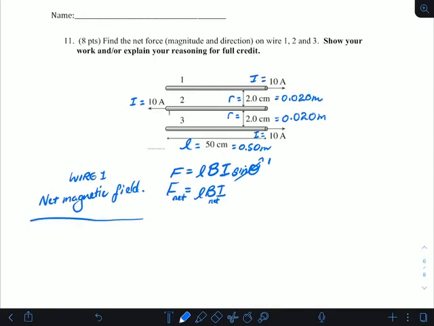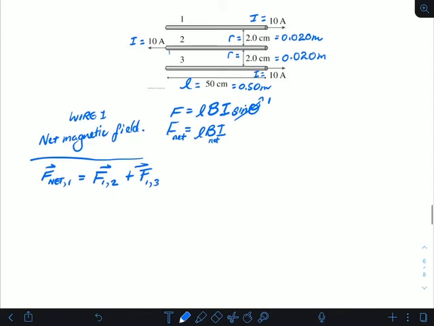So the force on wire 1, or the net force, is going to be equal to the force on 1 due to wire 2 plus the force on 1 due to wire 3.